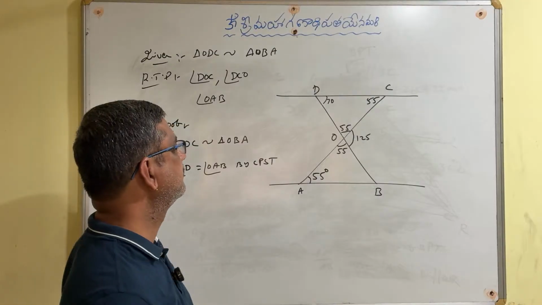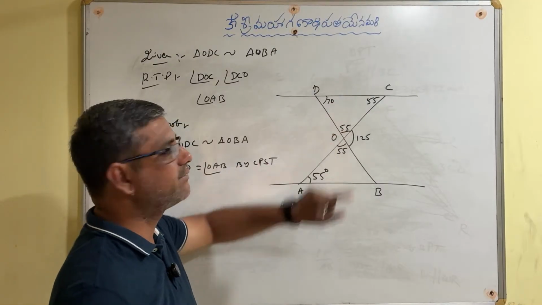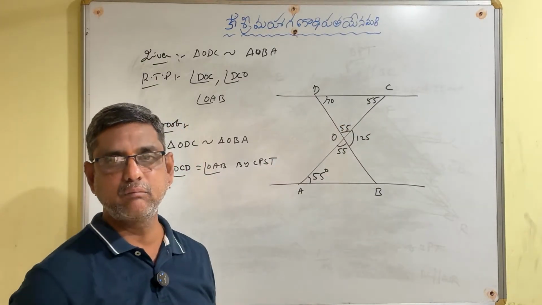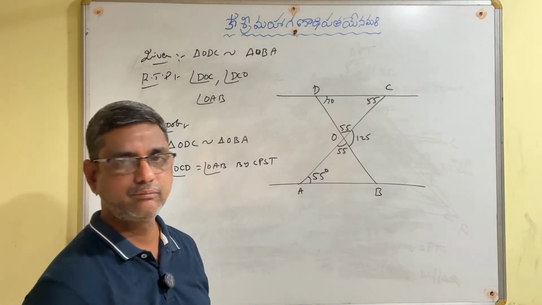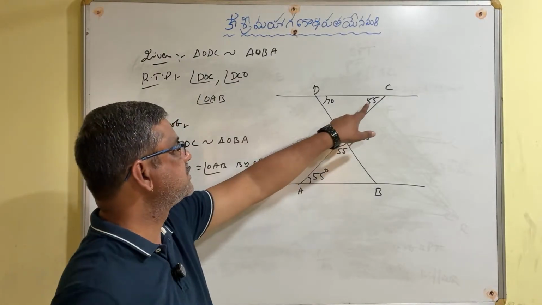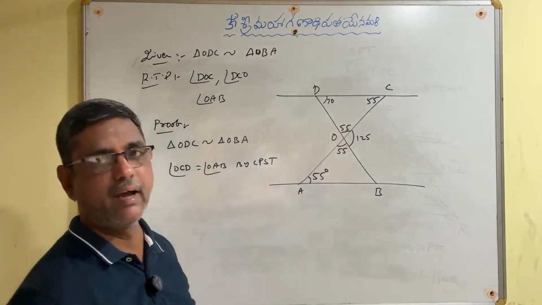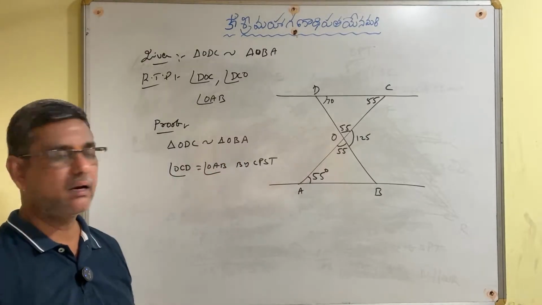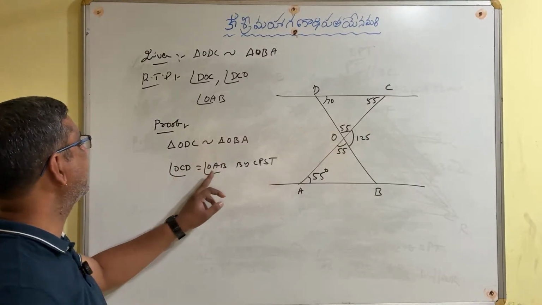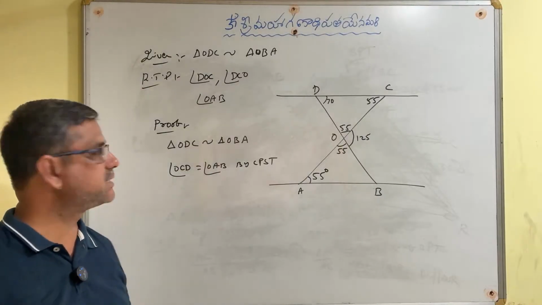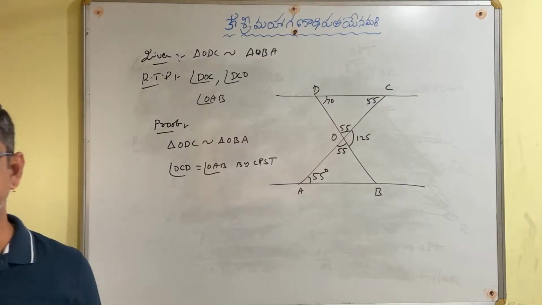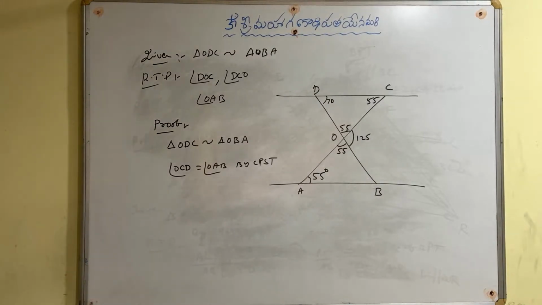Then 70 plus 55 is 125, so this will be 55 by angle sum property of triangles. If this is 55, this is also 55 because these two triangles are similar. Angle OCD and angle OAB are equal by CPST. So this angle will be 55 degrees.